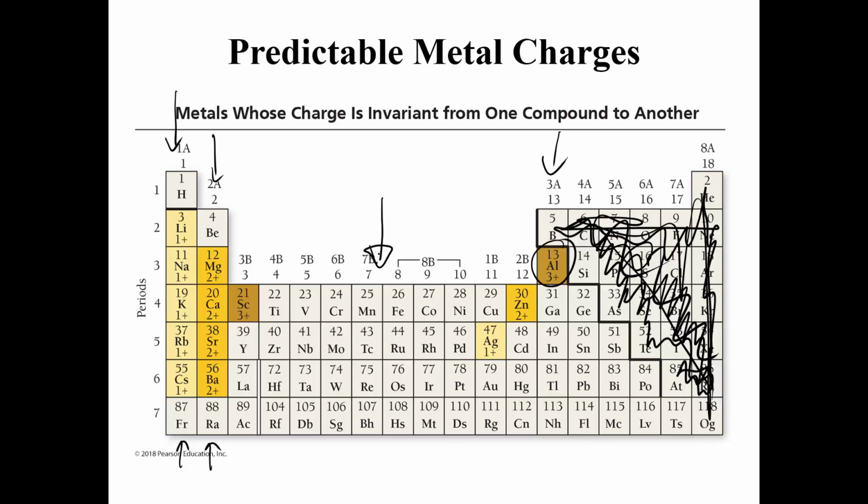Those d electrons have a shielding effect. Let's take a look at gallium. Gallium is 4s2, 3d10, which of course is full, and then you have the 4p1.